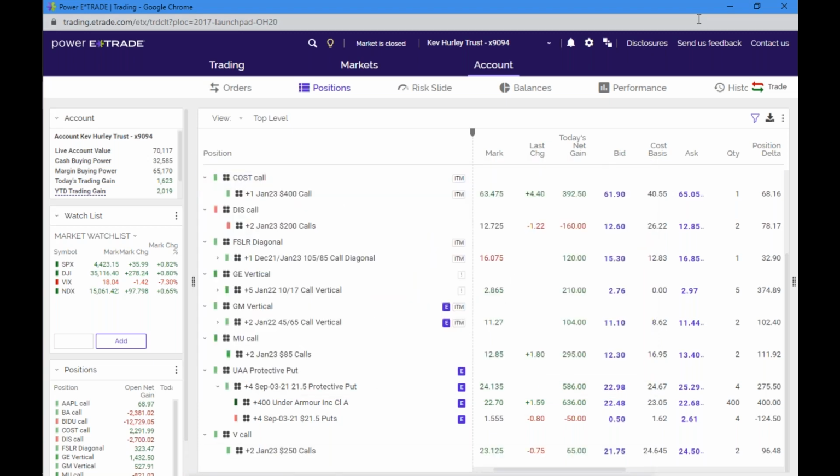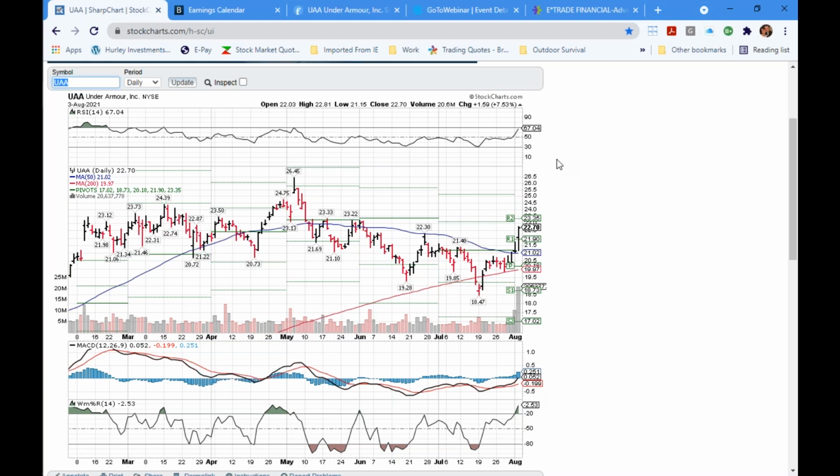If I go back to my chart one more time, 26, 24.70, 24.33, couple points up there, 23, 23, 23.